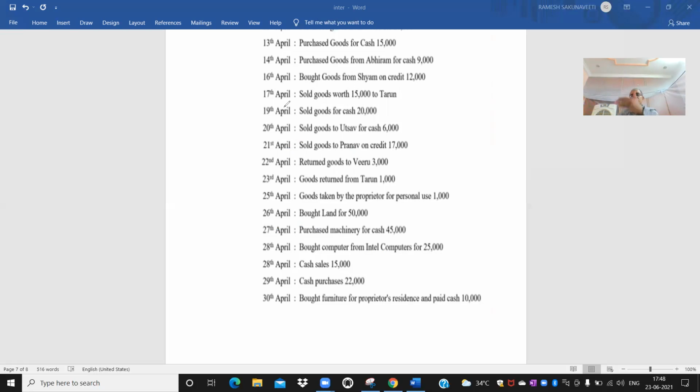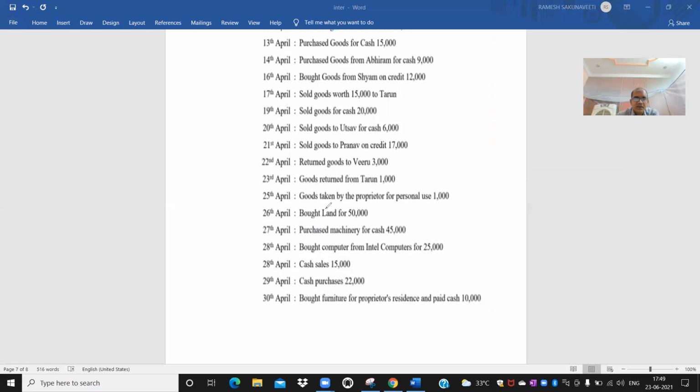But when you are returning to him, it is that person's account debit to purchases returns account. Similarly, when you are selling to somebody, it is that person's account debit to sales account. But when he or she returns to you, it is sales returns account debit to that person's account. Okay? Yes, sir. Right, very good.